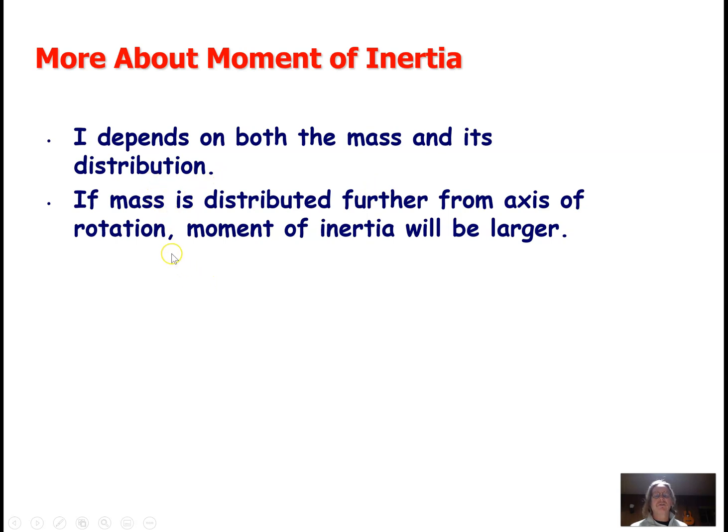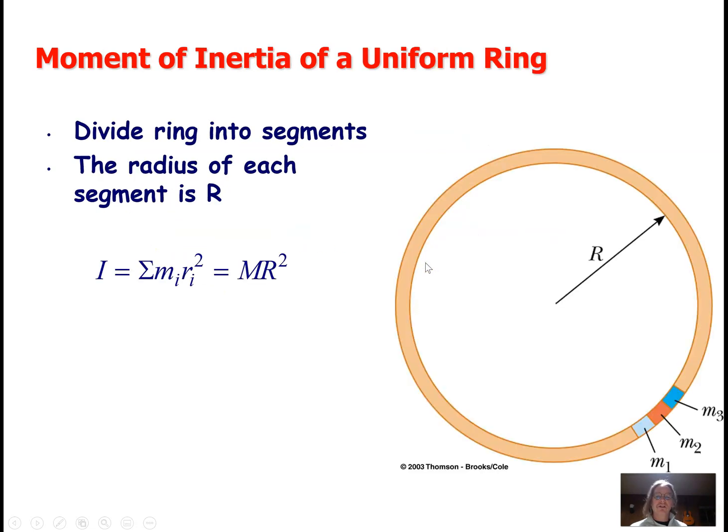And of course, the further that mass is from the point of rotation, the greater the inertia. For example, all of these masses are going to make easy math because they're all the same distance from the point of rotation in the middle. Since they're all the same distance away, all you do is sum up all the masses: mass 1 plus mass 2, mass 3.